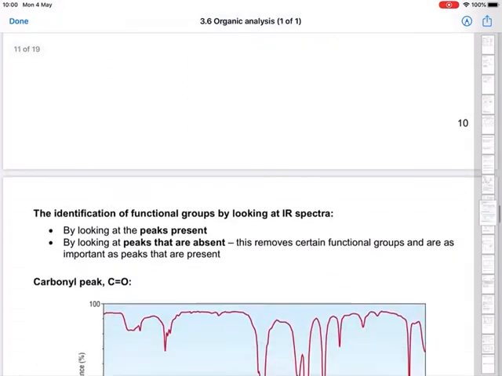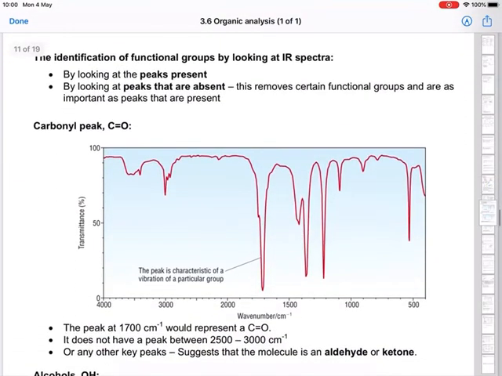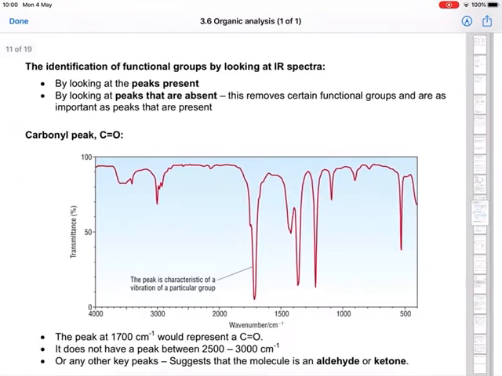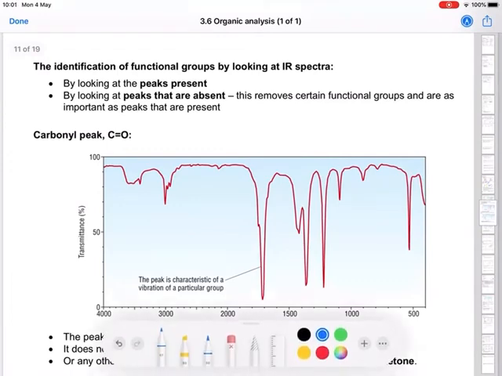Okay, so the best way to think about these is to have a look at them, and the key thing about infrared spectroscopy is the peaks that are not there are as important as the peaks that are there, because if we look at this one here, we haven't got any significant peaks in this region here. I know we've got these little peaks here and here, but we're talking about peaks that get down to about this level here, okay?